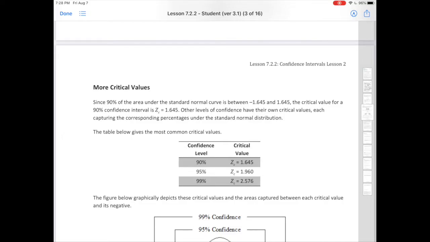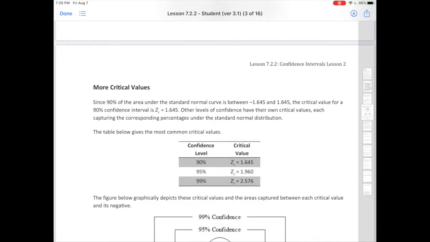Since 90% of the area under the standard normal curve is between negative 1.645 and positive 1.645, the critical value for a 90% confidence interval is ZC equals 1.645. Other levels of confidence have their own critical values, each capturing the corresponding percentages under the standard normal distribution.